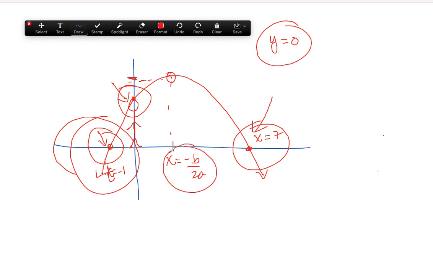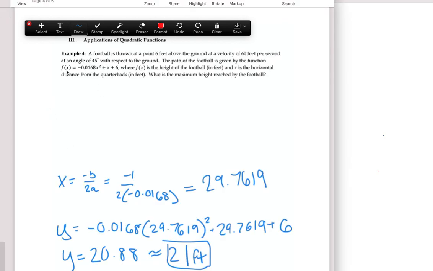And this minus b over 2a will be where that maximum height is achieved. Since in real life applications you're talking about a trajectory of some object, it will always be a parabola that's facing down. If we come back to example 4, you see clearly the parabola starts with a negative 0.01.